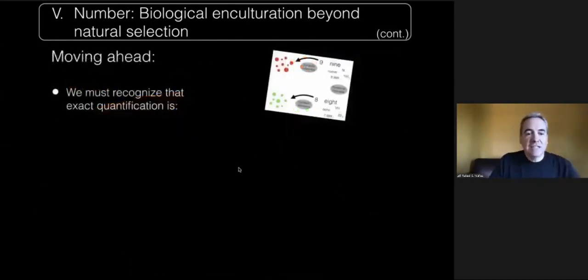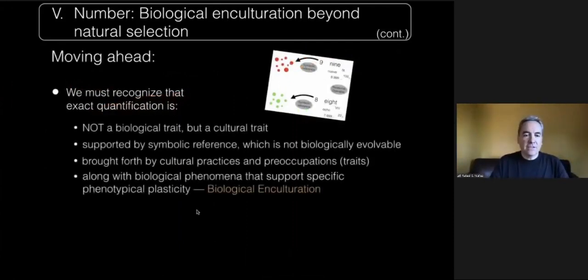So we must recognize that exact quantification is not a biological trait, but a cultural trait. It's supported by symbolic reference, which is not biologically evolvable, brought forth by cultural practices and preoccupations that don't exist in all cultures. Those are cultural traits, along with biological phenomena that support specific phenotypical plasticity.